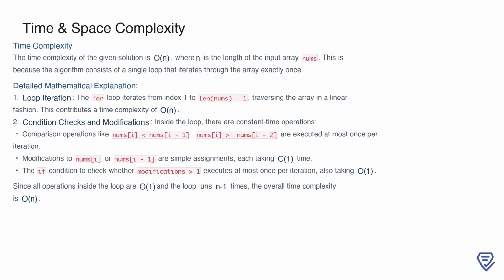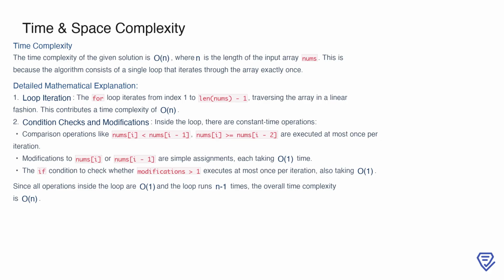Inside this loop, we have a few operations that happen for each iteration. Comparisons, such as checking if nums[i] is less than nums[i-1], or verifying other conditions like nums[i] equals nums[i-2], are constant time operations. Similarly, modifying an element in the array, like updating nums[i] or nums[i-1], is just an assignment and also takes constant time, O(1).